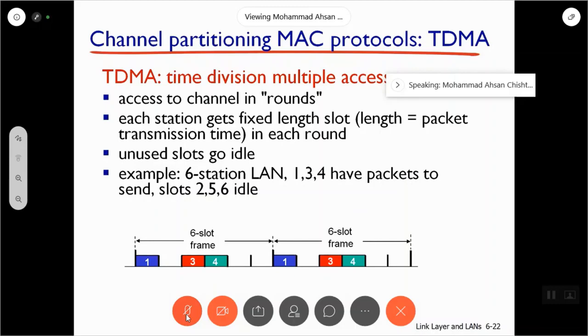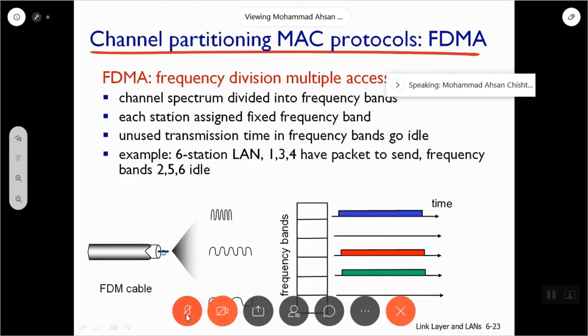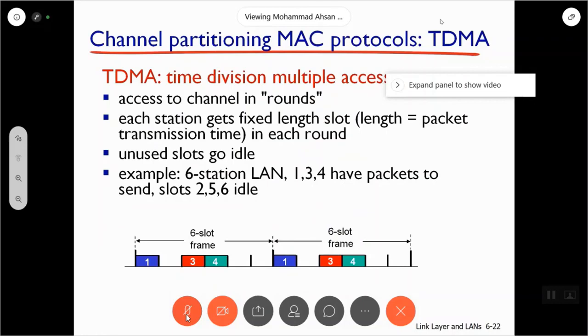If you can see in the figure here, the blue one gets a time slot.